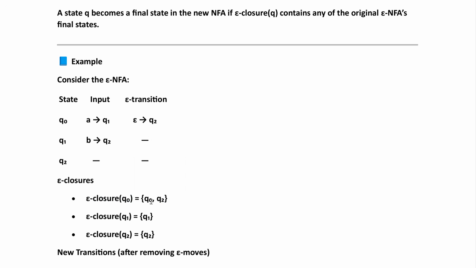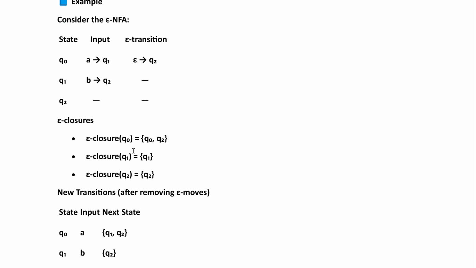So now we have to apply the symbol A on Q0 as well as Q2. When we apply input symbol A on Q0, we are getting Q1. That's why this Q1 next state, right?